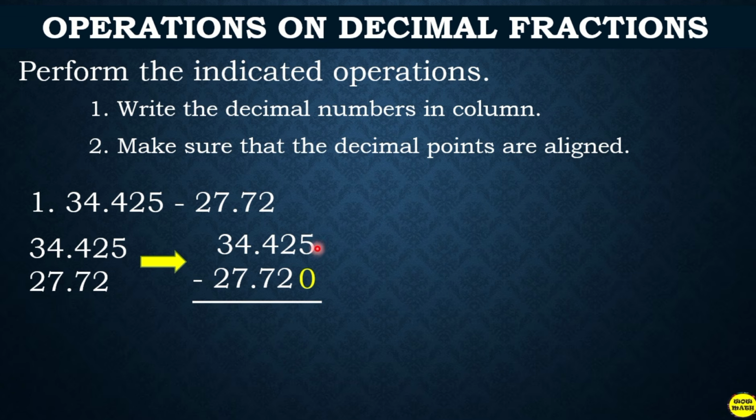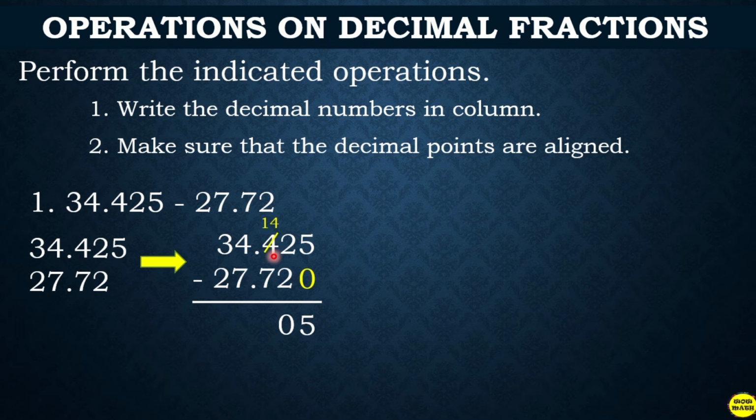Okay. So, 5 minus 0, since subtraction na tayo, 5 minus 0 is 5. Okay. And then 2 minus 2, that is 0. Now, 4 minus 7 cannot be. So, ang gagawin natin, magbaborrow tayo sa katabi niya. So, magiging 14 to.